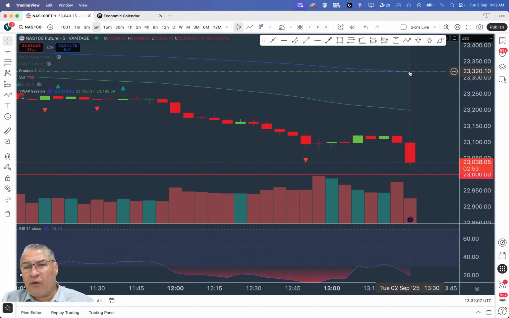A trade setup here means we want the market to penetrate the VWAP, then do a throwback to it, and then take off. So I'm going to wait for the market to actually close above the VWAP so I can take a trade long, if that was the case.